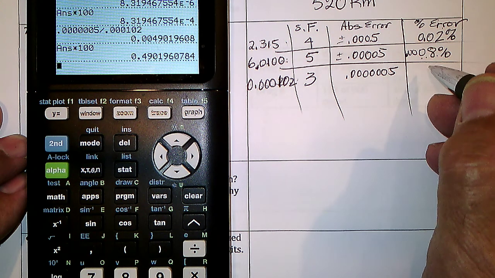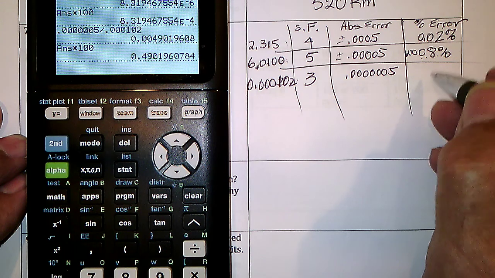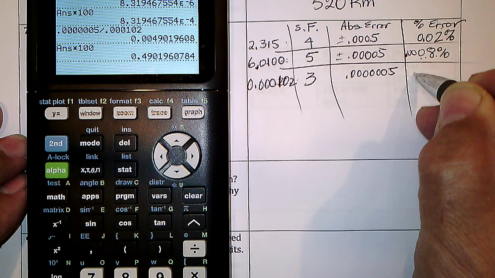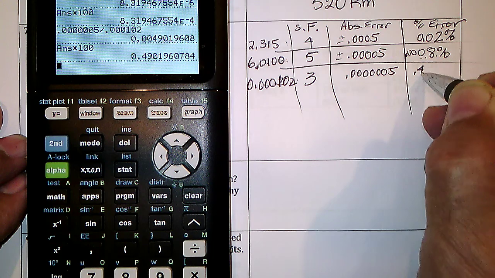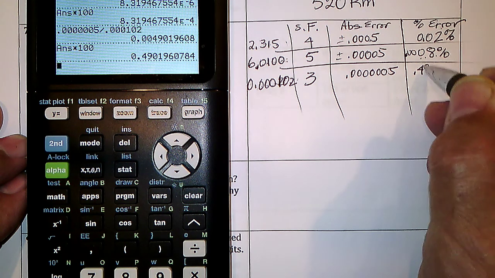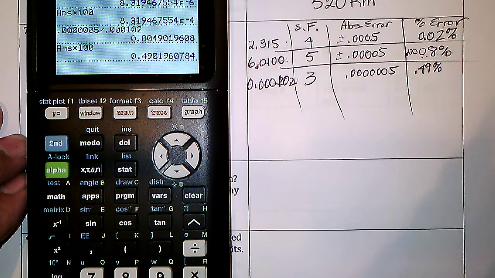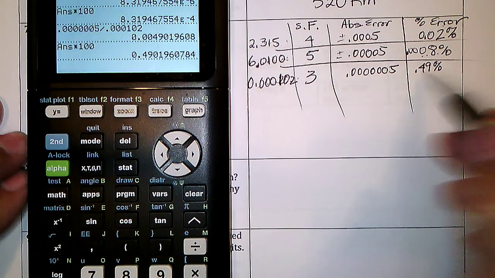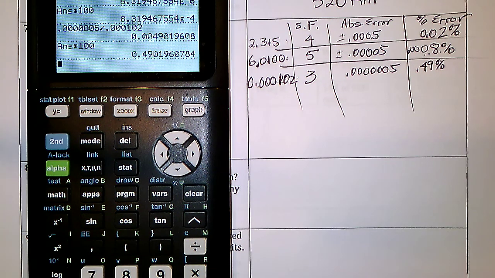Percentage error is 0.49%. It's not 49%, it's 0.49 because I multiplied by 100 already to make it percentage.